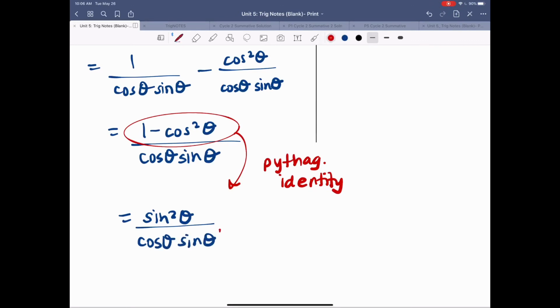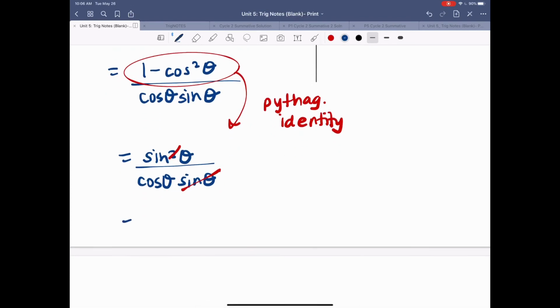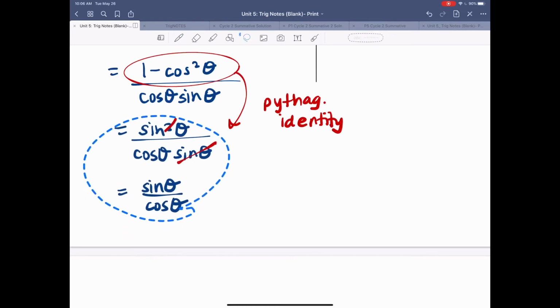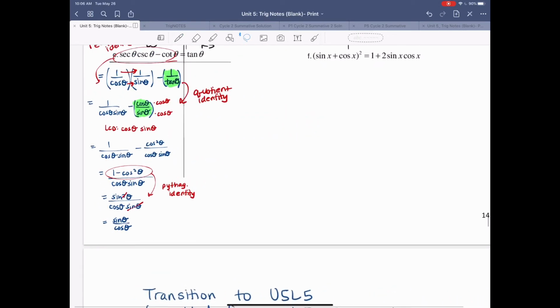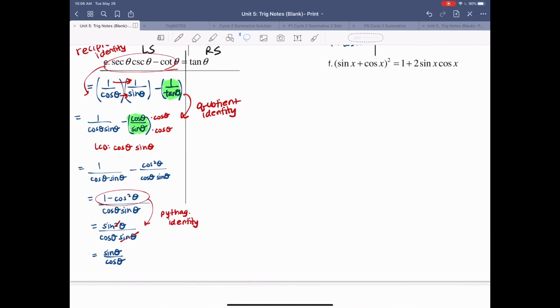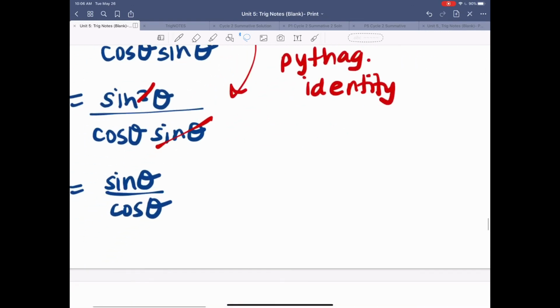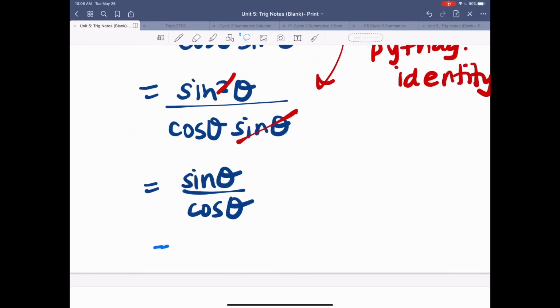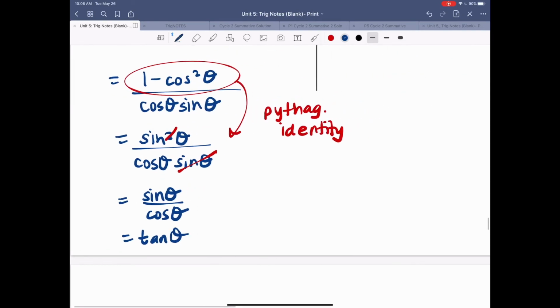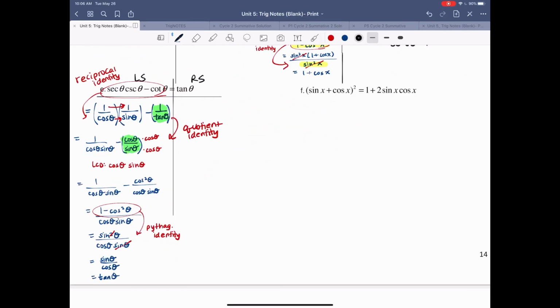These parts will cancel out, and so you have sine theta divided by cos theta. You can do two things at this point. One thing you can do is make the right side equal to sine theta divided by cos theta, which is perfectly fine. But I'll just continue and say this is equal to tan theta. Therefore, left side is equal to right side.